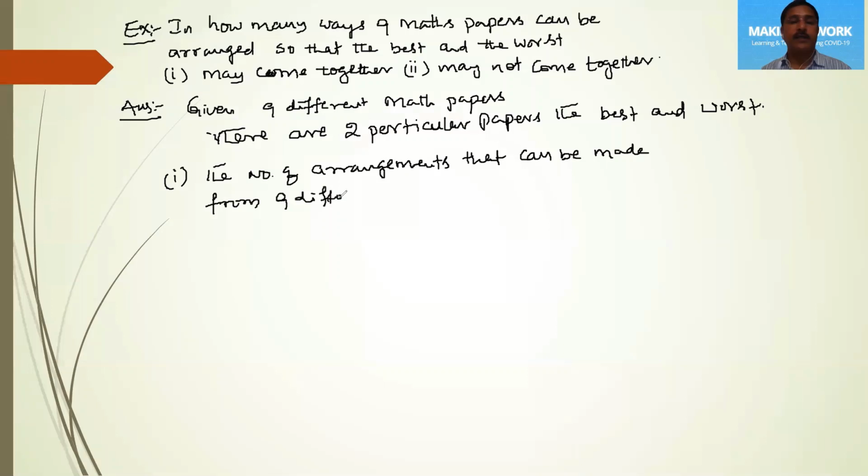Here let us consider the math papers as different things. So we have to arrange all the 9 different things at a time with the condition with 2 particular things always come together.